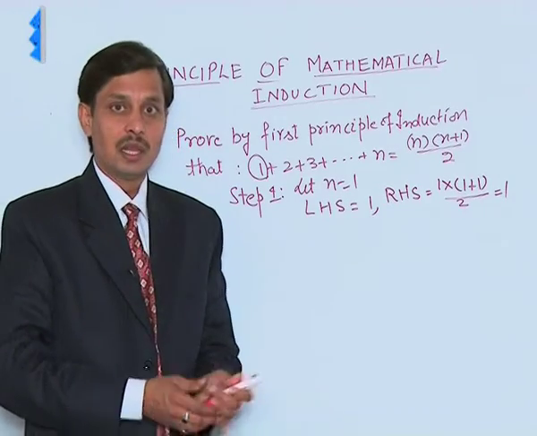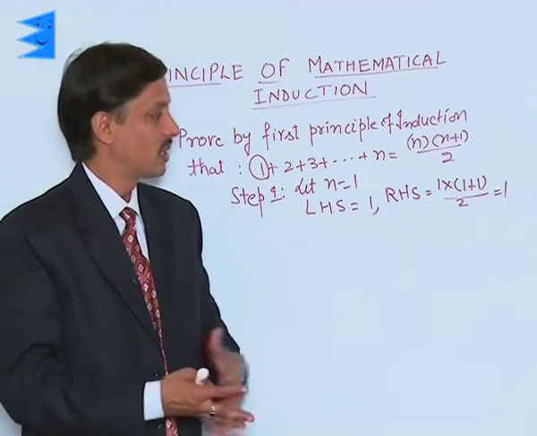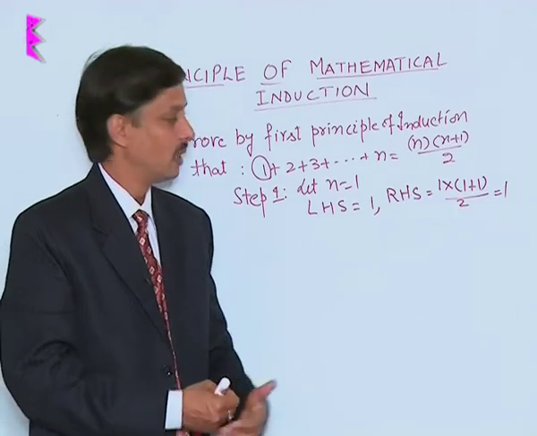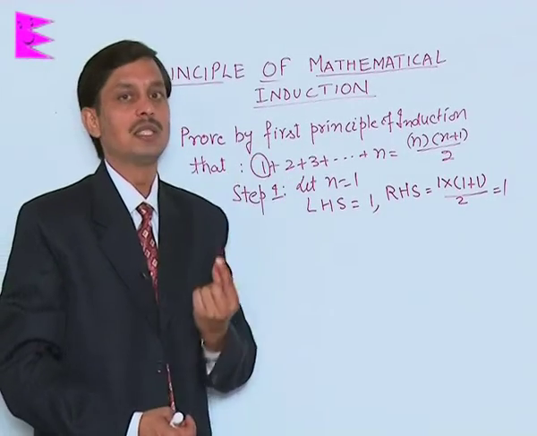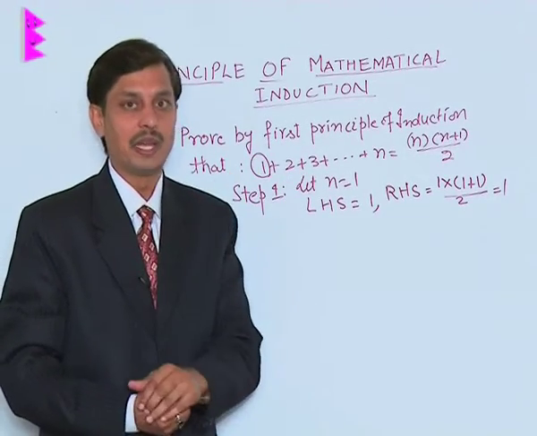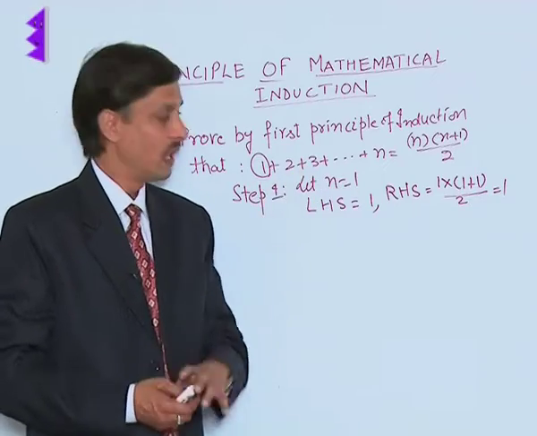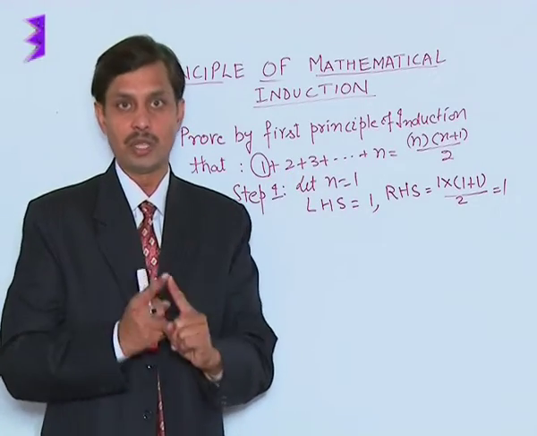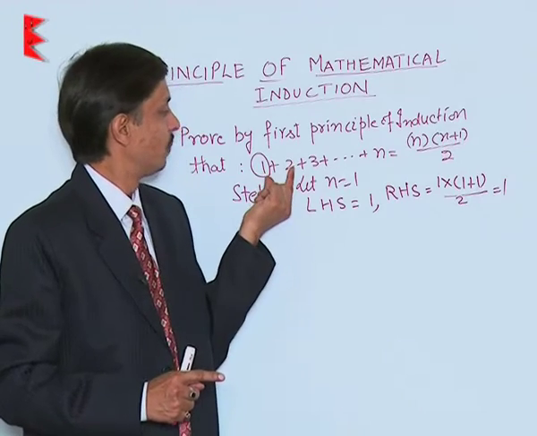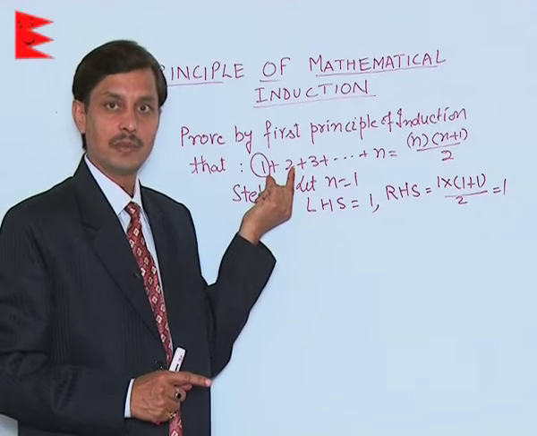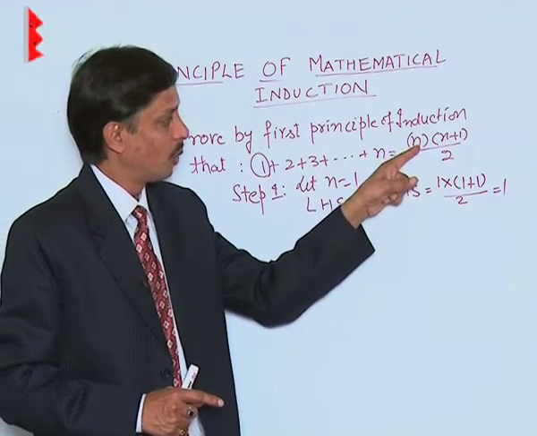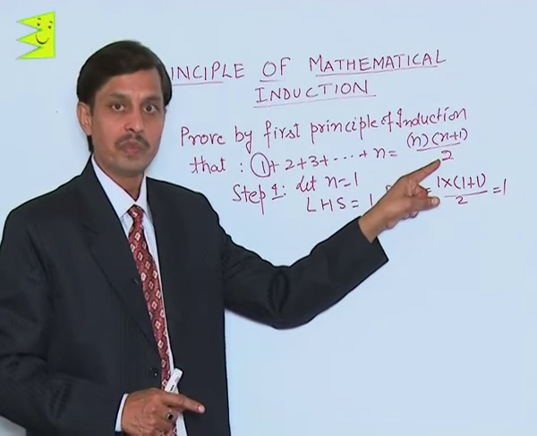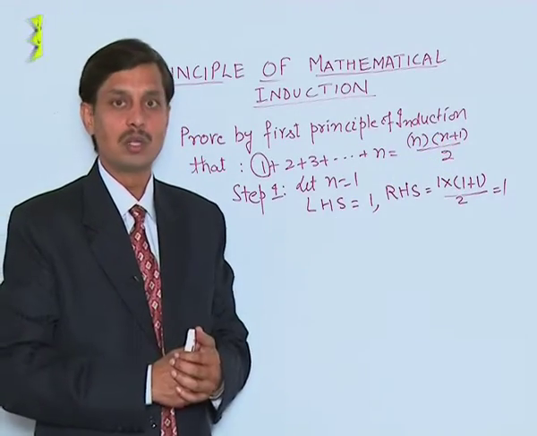Out of the way, let me discuss with you a step which is not required to write here: what is the answer of left hand side at n equal to 2. If I take n equal to 2, it means I need to take the first two natural numbers, that is 1 plus 2, and this result will be 3. And if I put 2 here, it will be 2 into 2 plus 1 upon 2, and this result will also be 3.